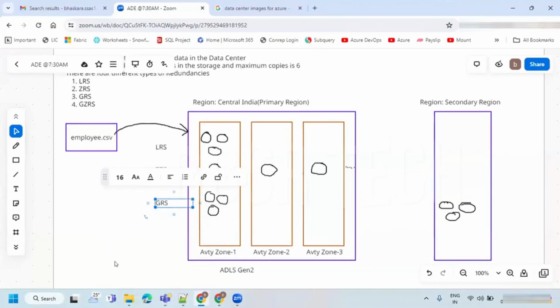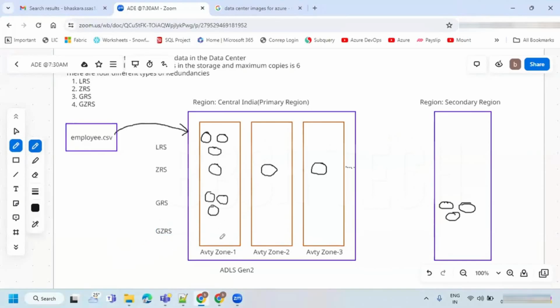And I have one more redundancy mode, that is geo zone redundant storage, GZRS. I'm going to have 1 copy here, 1 copy here, and 1 copy here, total 3 copies. And here also you are going to have 3 copies. This is geo zone redundant storage.